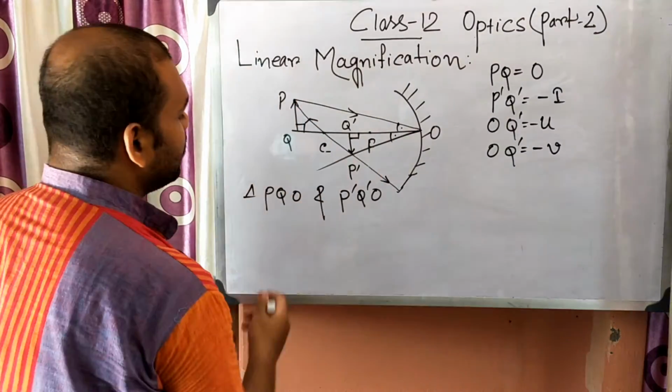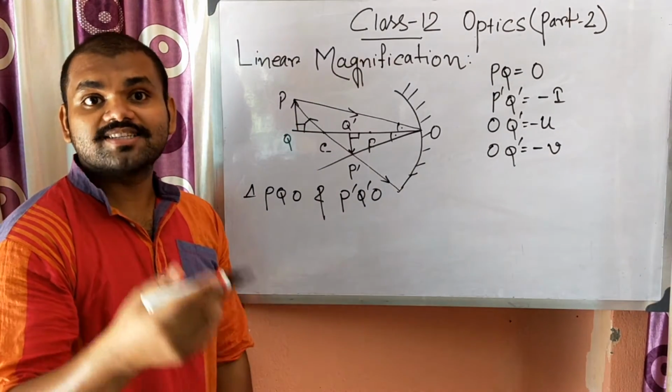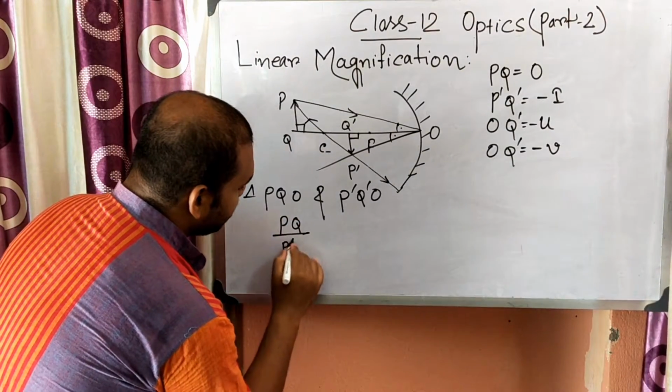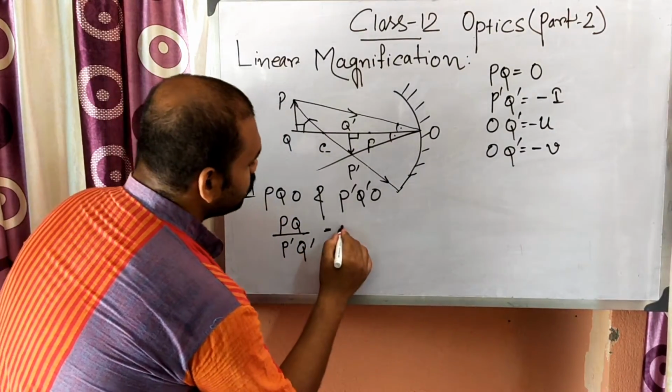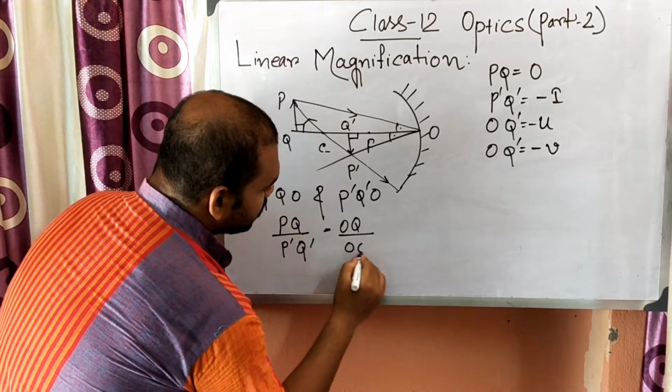Now in case of similar triangles, the ratio of the heights is the same. So we can write PQ by P prime Q prime is equal to OQ by OQ prime.